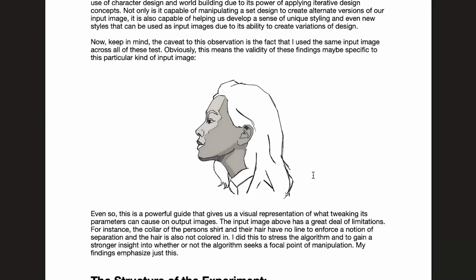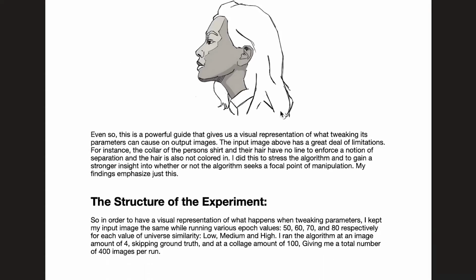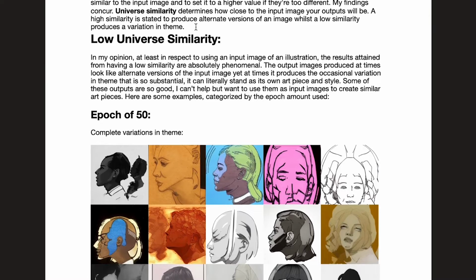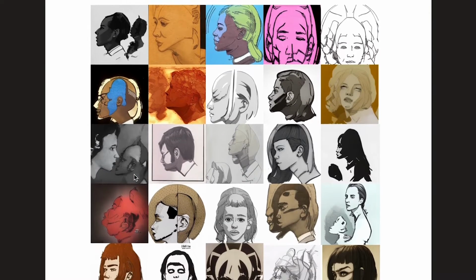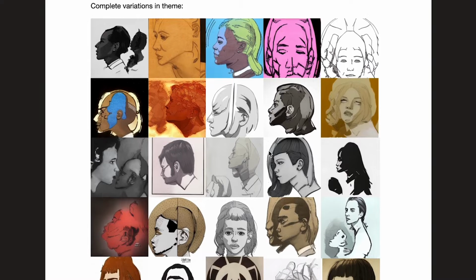And I want something that is a face and somewhat painted with a bit of geometry with it. You would want to reside in low universe similarity. As you can see from all this, the ability for this algorithm to change between artistic styles is absolutely immaculate. And the possibilities of that really open up when you consider that all of these can also be used as input images for the algorithm.